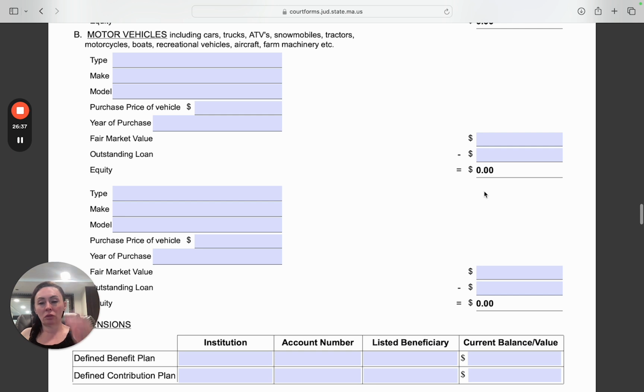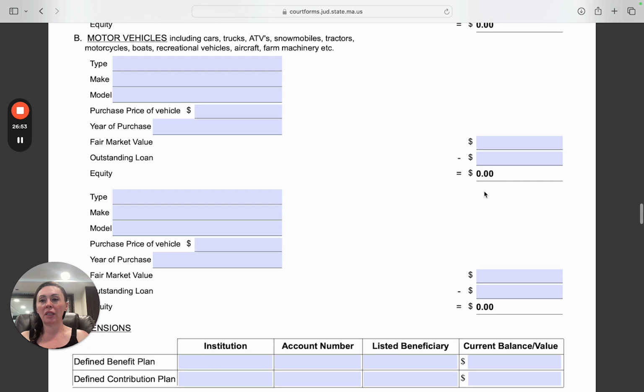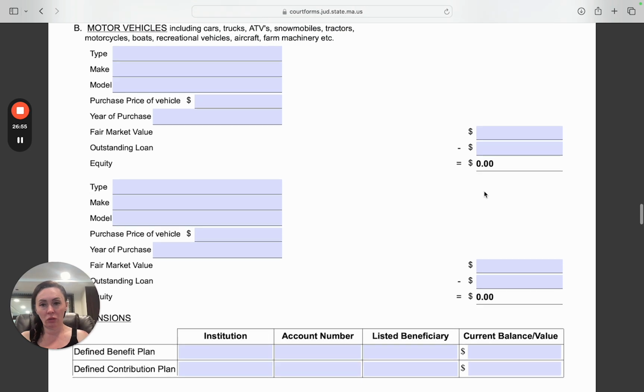Motor vehicles. Cars, trucks, ATVs, snowmobiles, tractors, motorcycles, boats, recreational vehicles, aircraft, farm machinery. This section only allows you to list 2 motor vehicles.